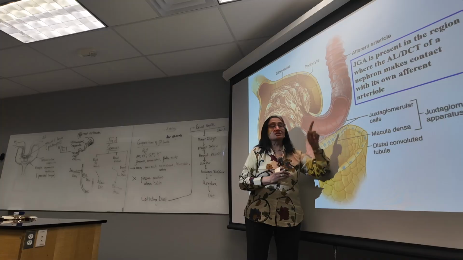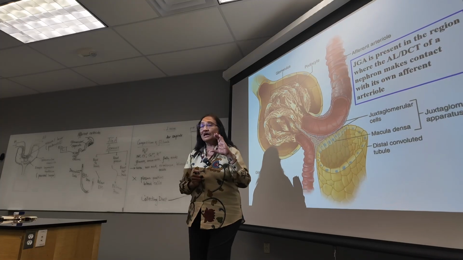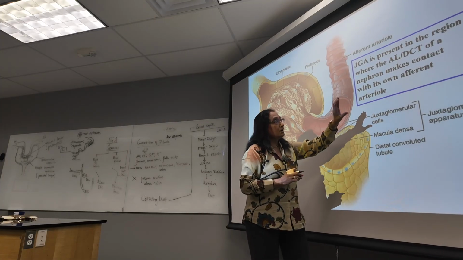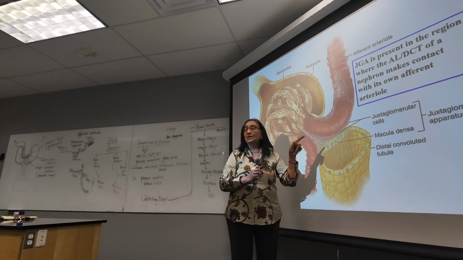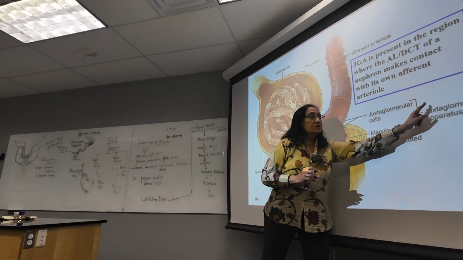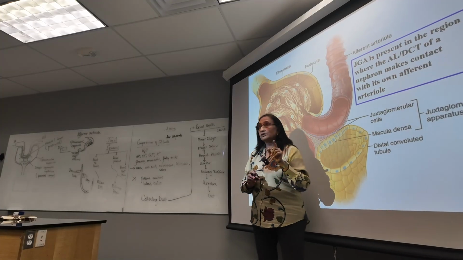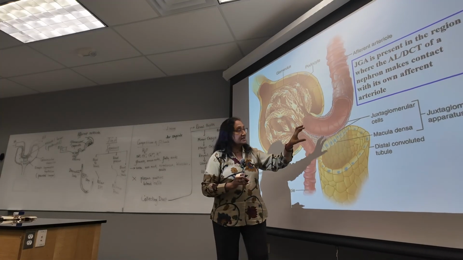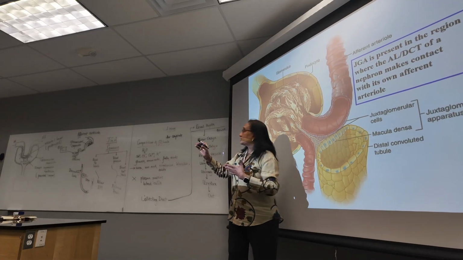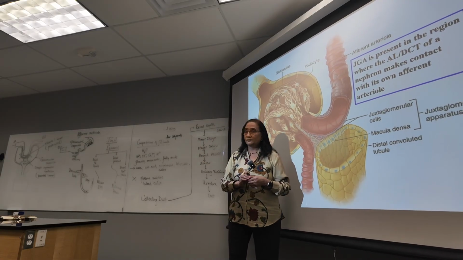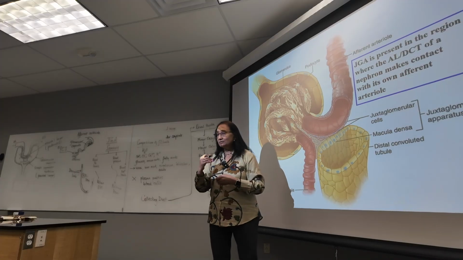So the macula densa cells along with the juxtaglomerular cells of the afferent arteriole are called the juxtaglomerular apparatus. It is right here that the sensors are present, and it is these cells that release erythropoietin and renin. So they sense as well as release.